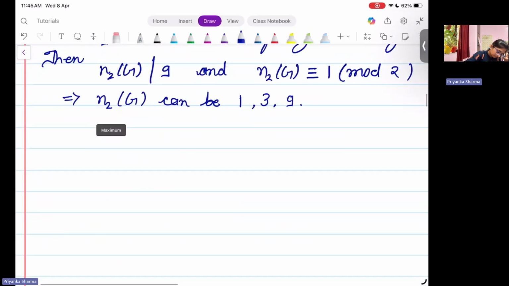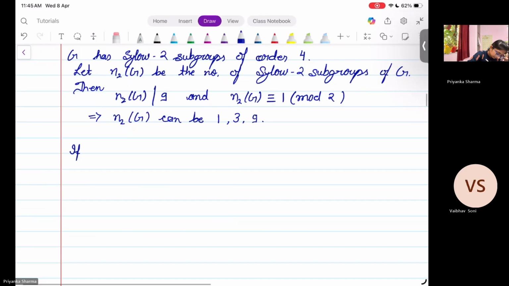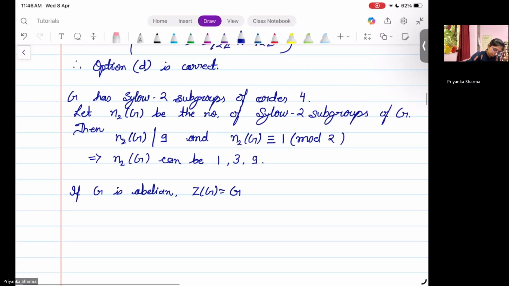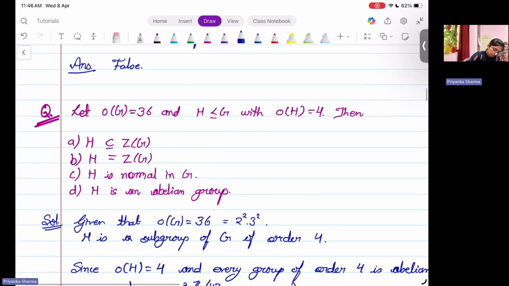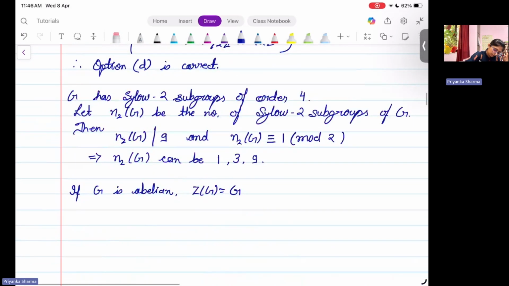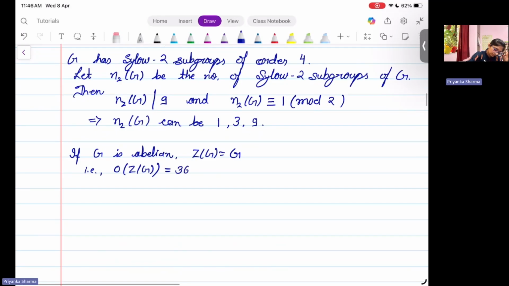If G is abelian, then the center of G will be G, and as the order of G is 36, the order of the center of G is 36 also.